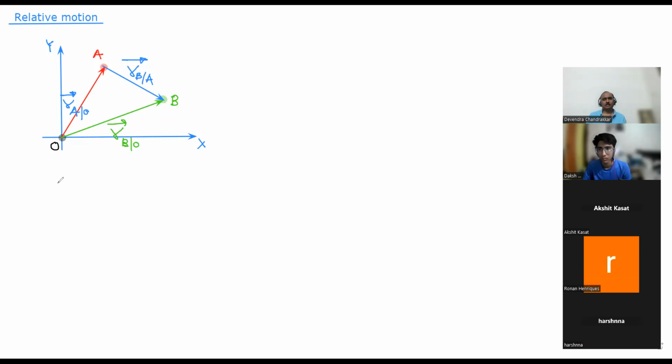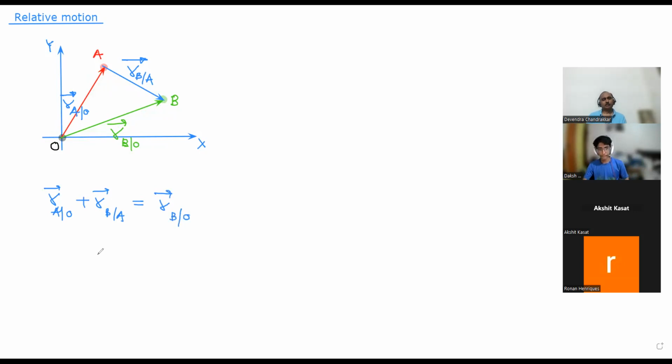So from following triangle law of addition of vectors, what we have here is this plus this vector gives us what? This vector, right? So I will write it. We have R_AO plus R_BA is equal to R_BO.